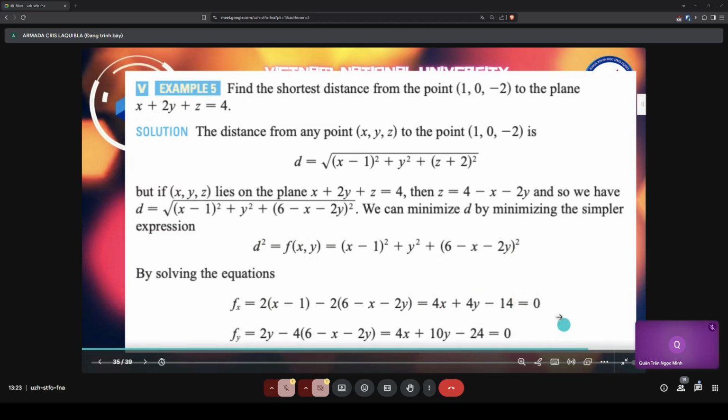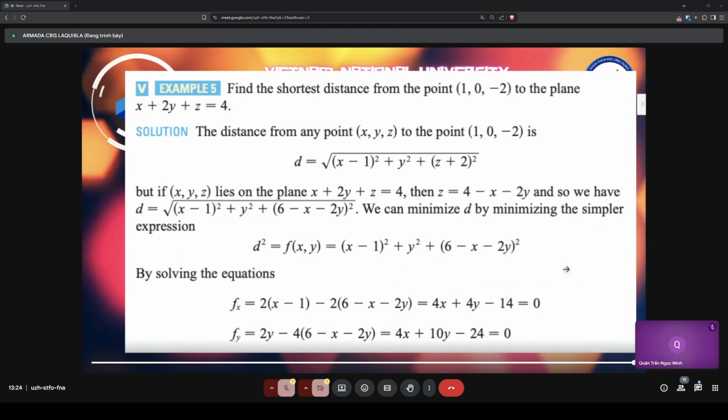As you can see, class, there is no square here, so it's really easy to solve. Your calculator can do this. You just type the two equations here. Can you do that, class, please? Use your calculators to type those two equations, and it will give you the value of x and the value of y.